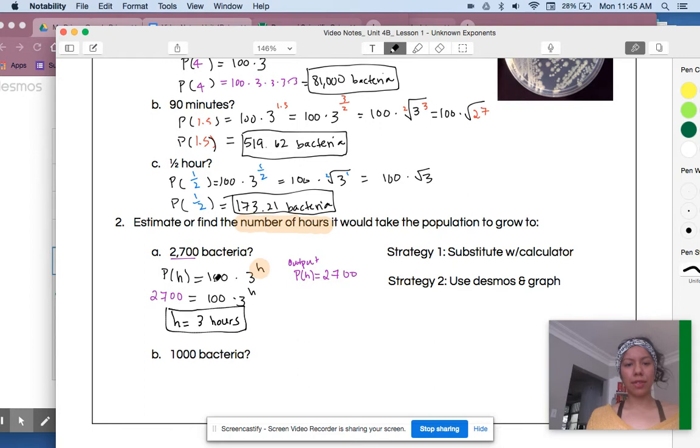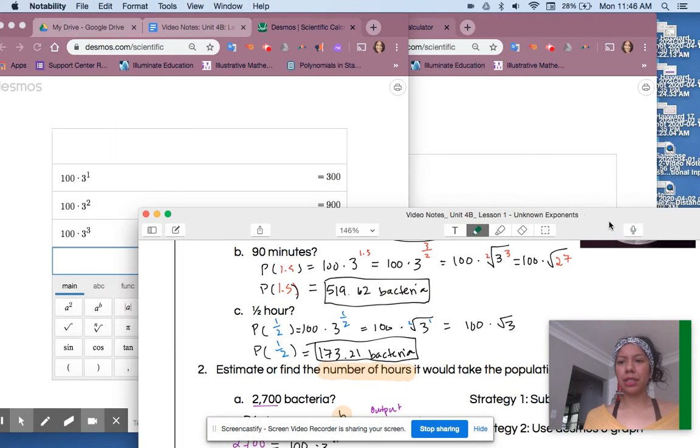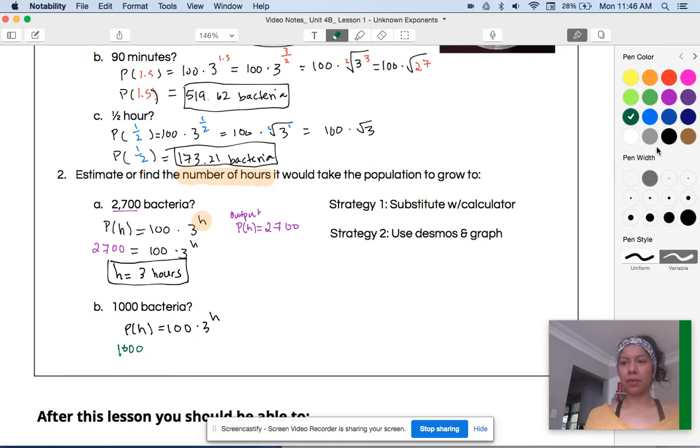Okay, that one's nice. Now this problem, 1,000 bacteria, this time our equation's output is going to equal something different. So let's make this green. We know this is going to be represented as 1,000. So here we can write this is equal to 100 times 3 to the H power.